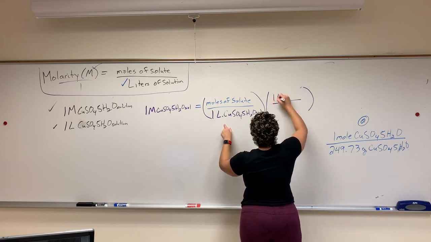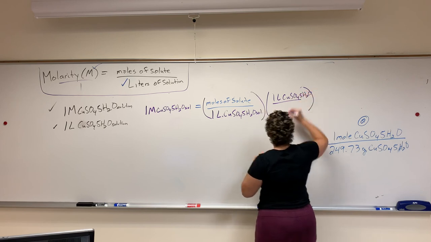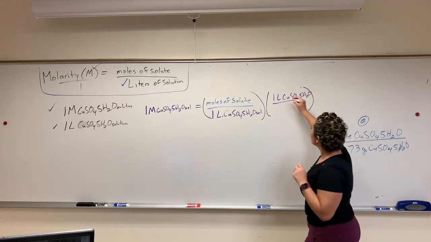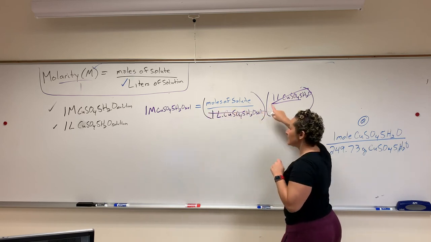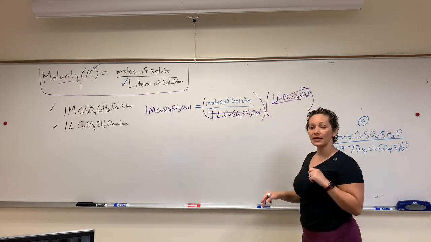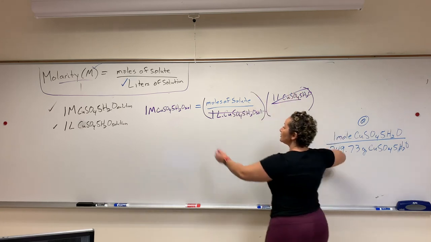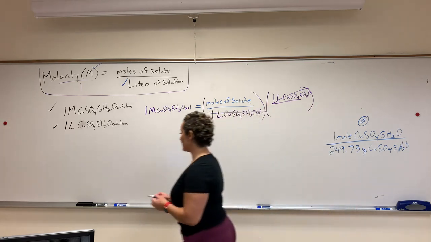So I times it by 1 liter CuSO4·5H2O solution. There you go. You cancel and you cancel. Why? The 1 is the same, the liter is the same, the copper sulfate solution is the same. You cancel it. But whatever you do to this side of the equal sign, you got to do to that side of the equal sign.